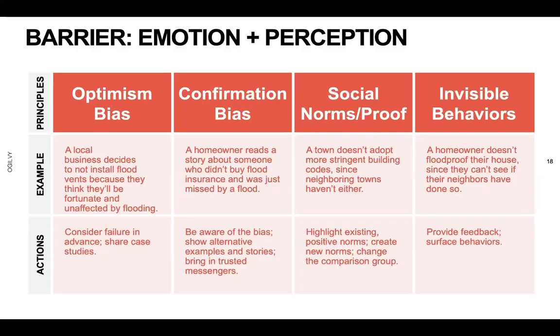And in this example, what we have is a town that doesn't see or hear about other towns near it adopting more stringent building codes. And if that's the case, that town might not be likely to adopt those building codes itself, right? So in this case, what you want to do is showcase some other comparison groups.